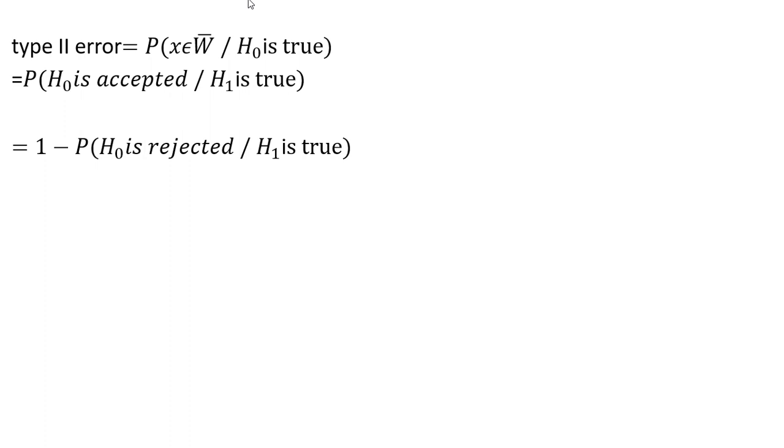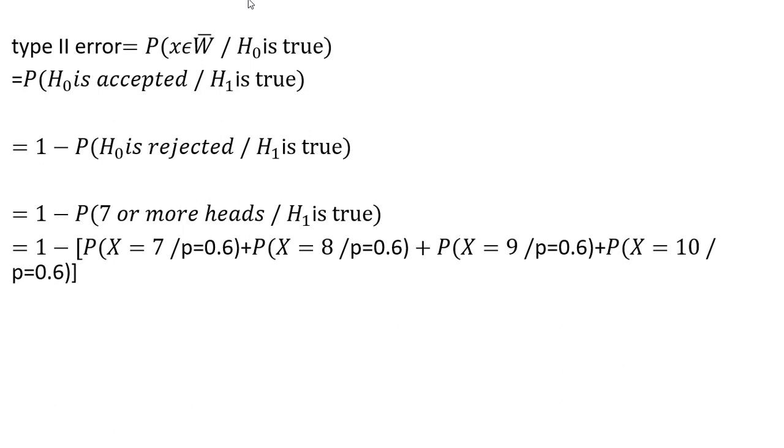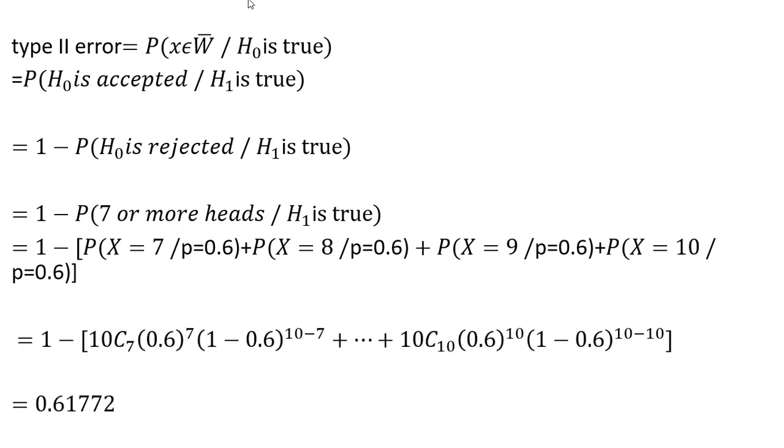We know H0 is rejected when there are 7 or more heads, as given in the problem. So just calculation after that, and the answer is 0.61772.